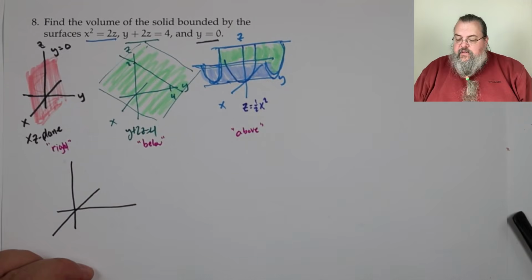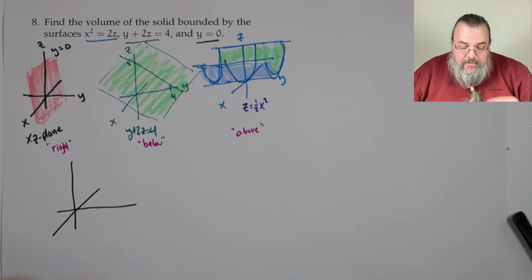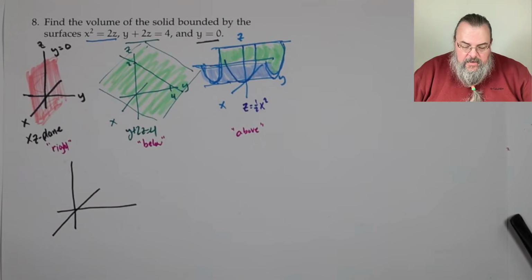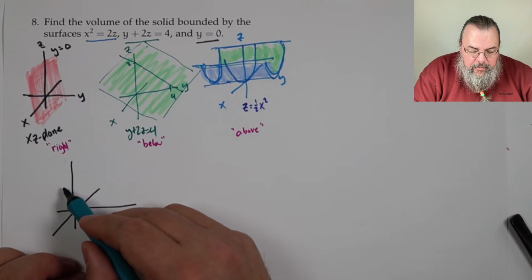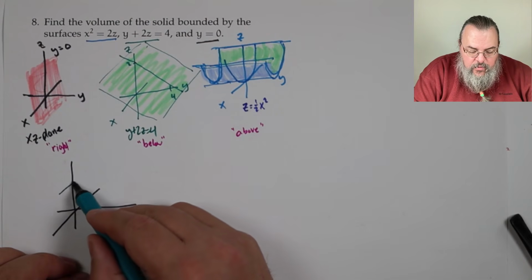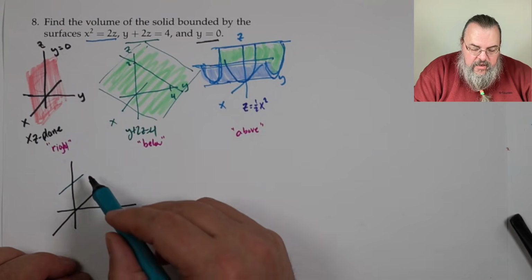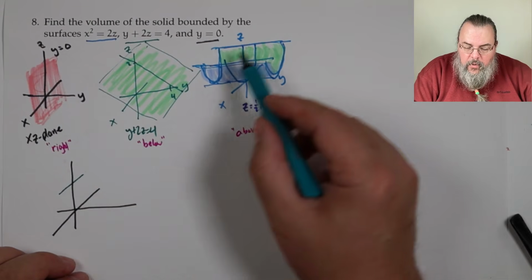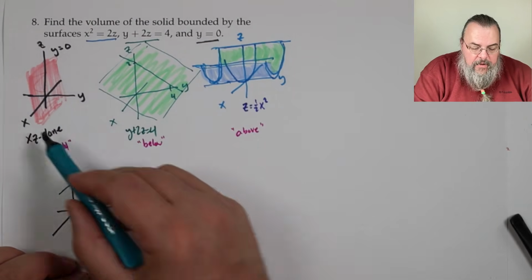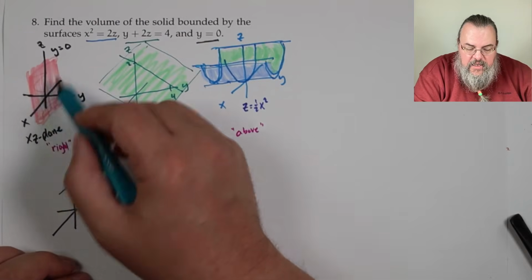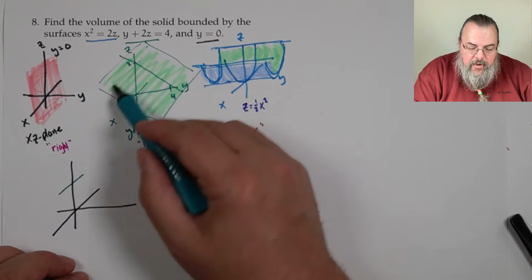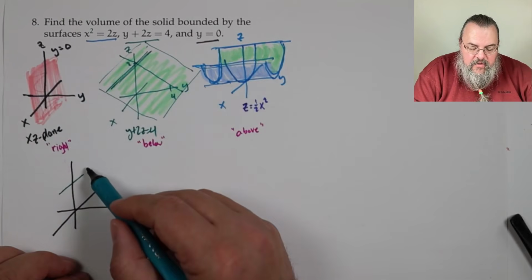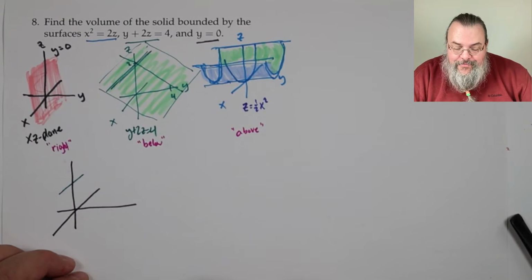So if we put this all together, we have a couple of things going on. This y plus 2z equals 4. We have a piece that will come along here, and then it's going to come down. I'm looking at what happens here just in the xz plane. In the xz plane, this part right here is sitting nicely at z equals 2.